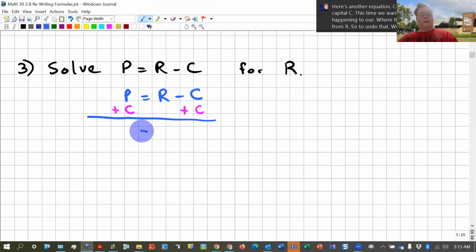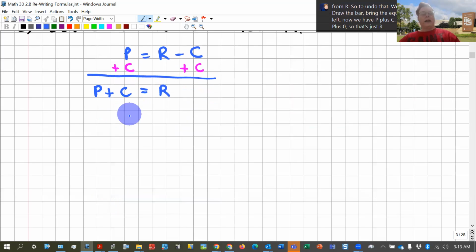Draw the bar, bring the equal sign straight down. On the left, now we have P plus C, and on the right, we have R plus 0, so that's just R. And we can rewrite that then as R is P plus C.